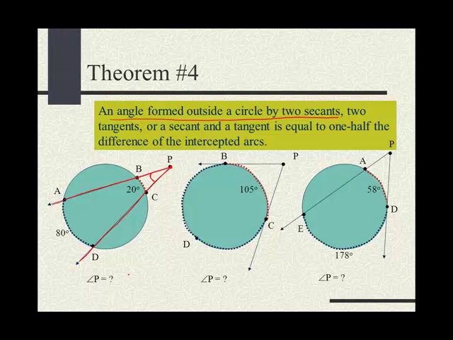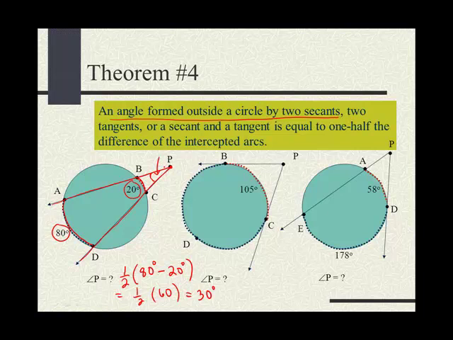So that angle P is going to be half of the difference of 80 degrees and 20 degrees, because the 2 intercepted arcs are these arcs BC and the arc AD, and they are given in the drawing as being 20 degrees and 80 degrees. Well, 80 degrees minus 20 degrees is 60 degrees, so that's going to be half of 60, which would be 30. So we can say that this angle, angle P, is 30 degrees.